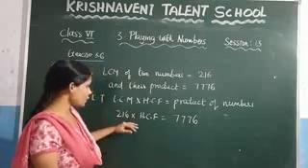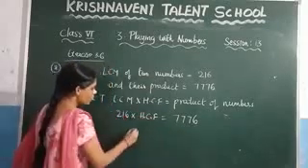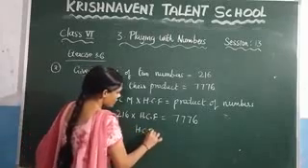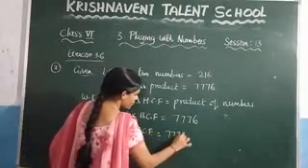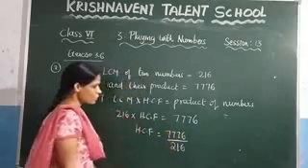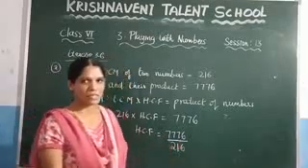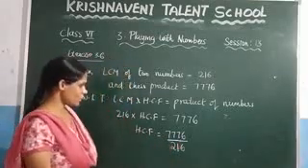You know that here multiplication is there. If you take it to the right hand side, it will become division. So write it here, HCF is equal to 7776 by 216. Now check in which table both the values will get cancelled. You know that in the 6 table it will get cancelled.